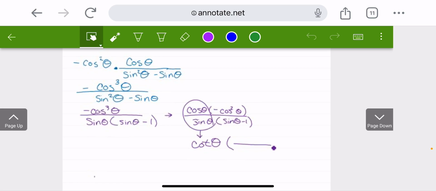We've done that one before, the secant cotangent one up at the top, where we did the minus cosine squared. That was our sine squared minus 1 over sine of theta minus 1.